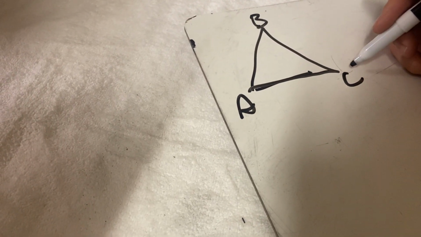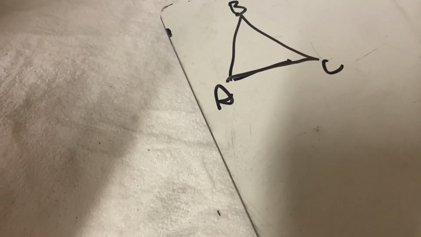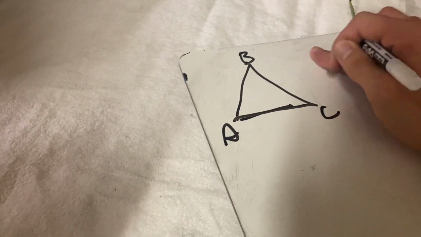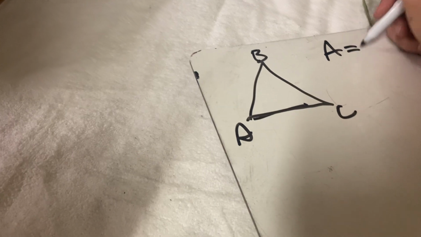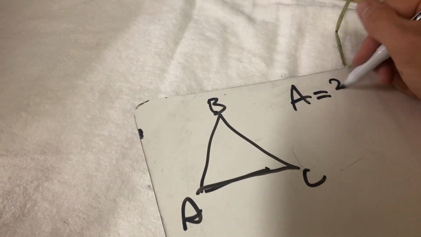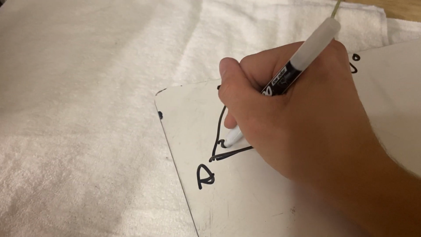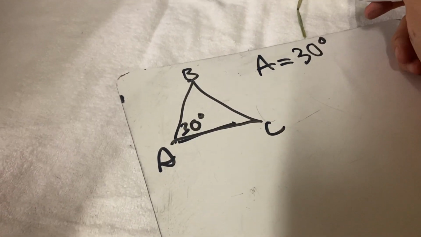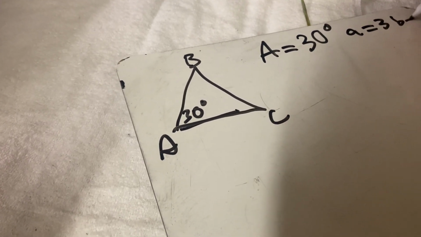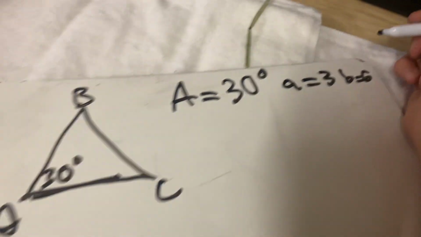A, B, C, and then angle A. You could write angle A as M like this, but I just put capital A. I don't want to write too much. So angle A is going to be 30 degrees. Let's put that down. Side length A would be 3. Side length B would equal 6.